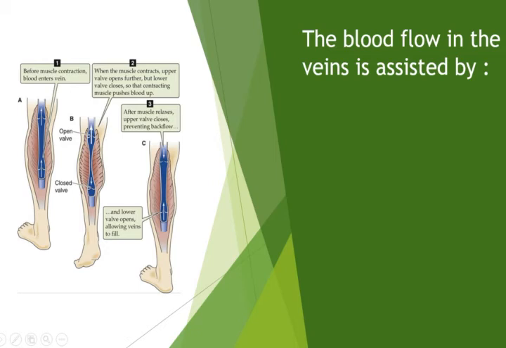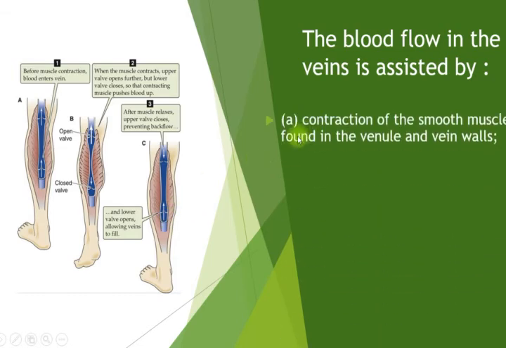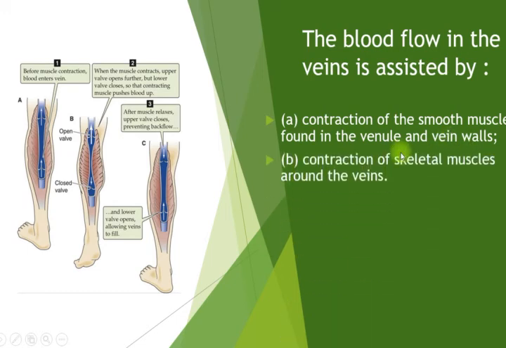How does the blood flow occur in the vein? The first one, the contraction of smooth muscle found in the venules and vein walls. Then the contraction of skeletal muscle around the vein.